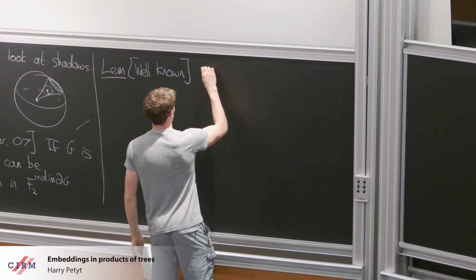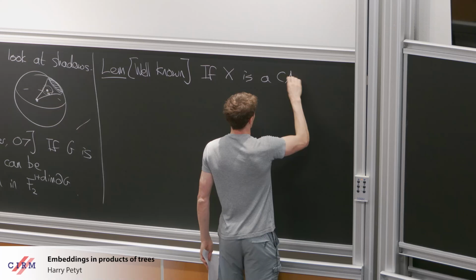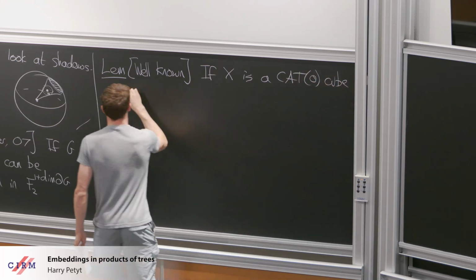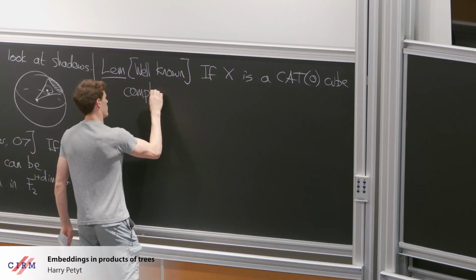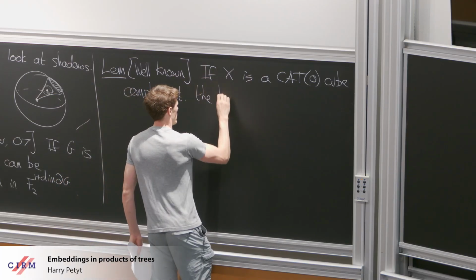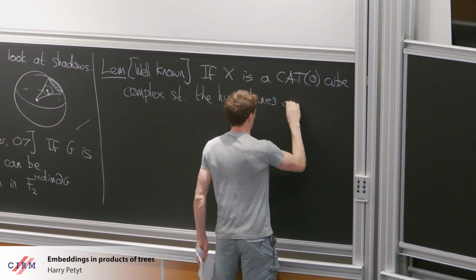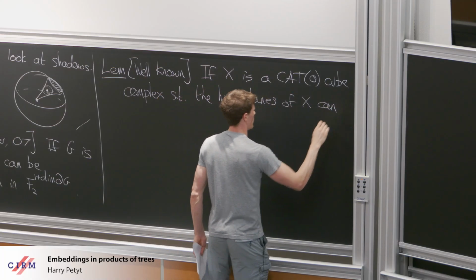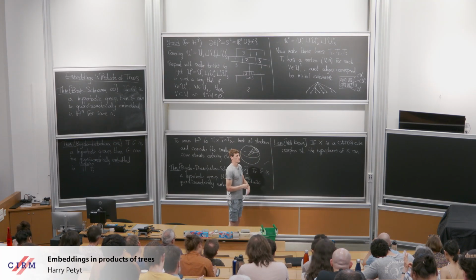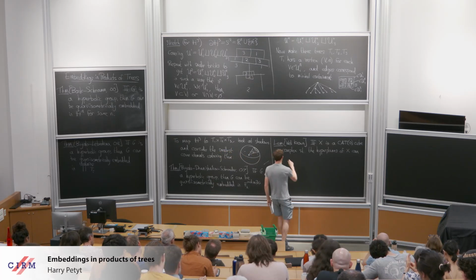The lemma is: if X is a CAT(0) cube complex such that the hyperplanes of X can be n-colored, such that whenever you have two of the same color, they don't cross, then you can isometrically embed X in a product of n trees.